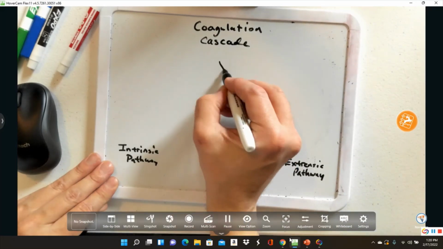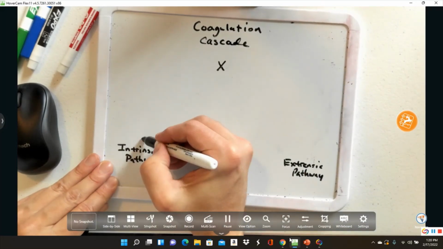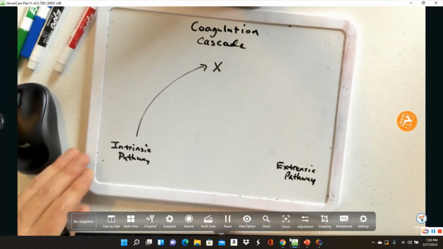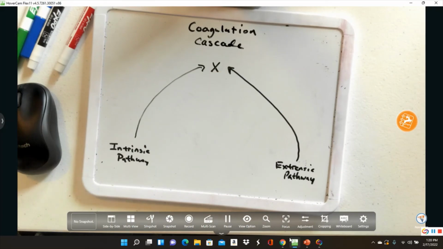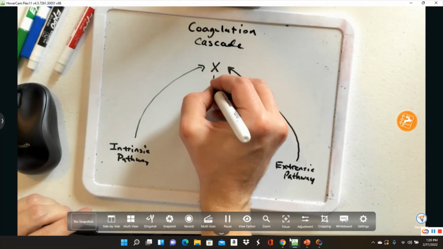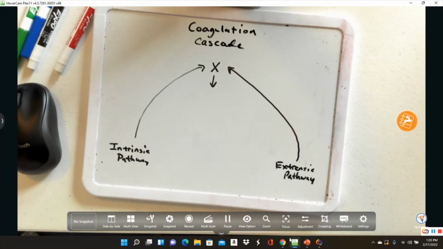And X marks the spot. The intrinsic pathway can activate factor X, and the extrinsic pathway can activate factor X. But what happens when factor X is activated? That's what we are concerned with here.